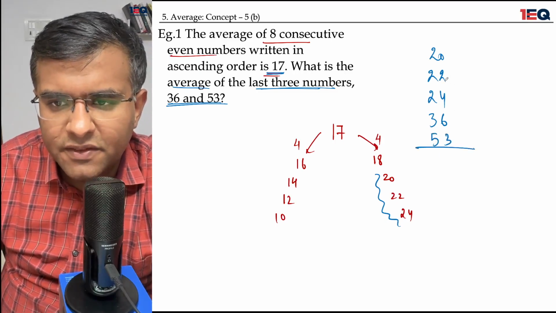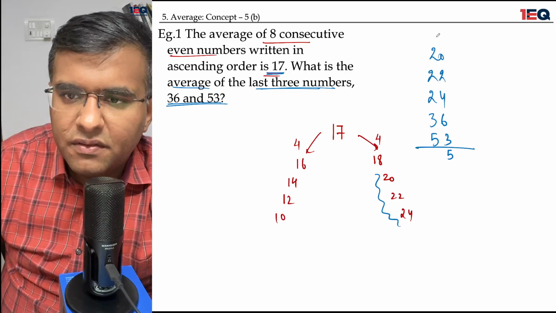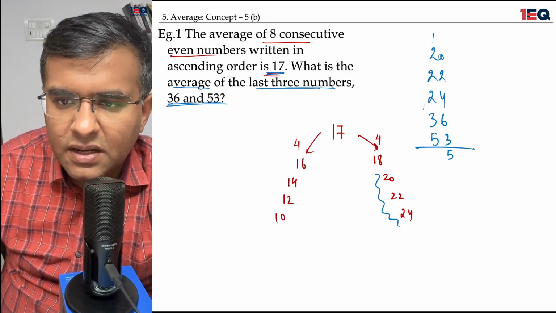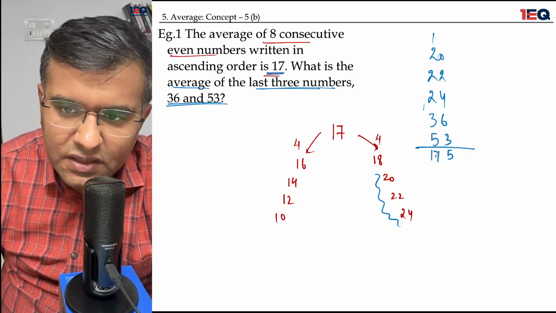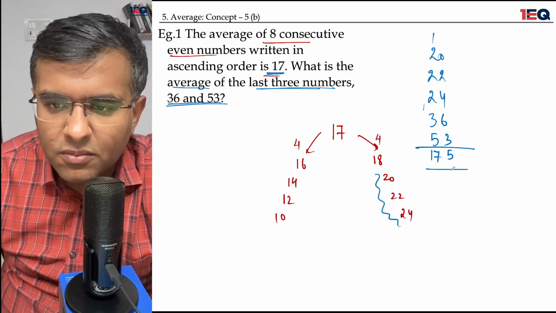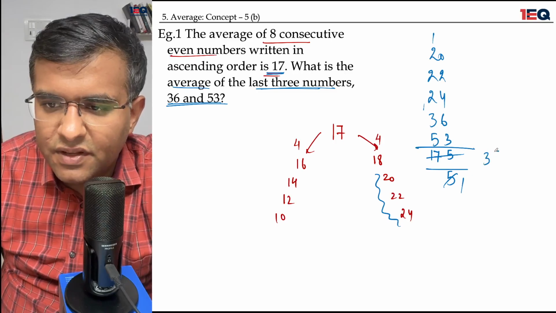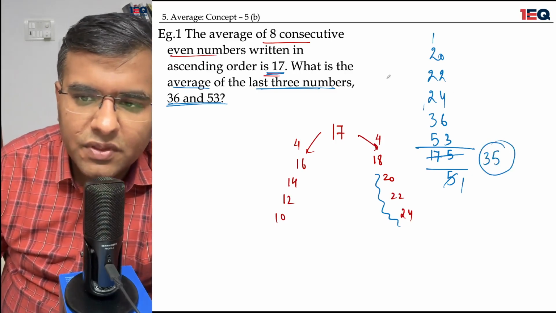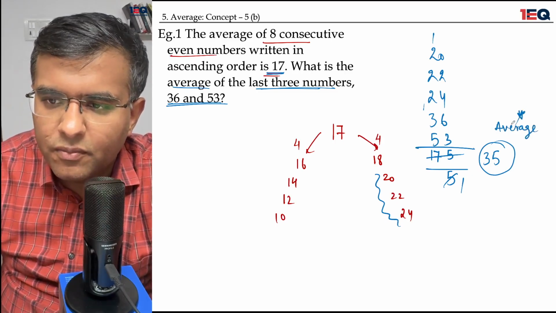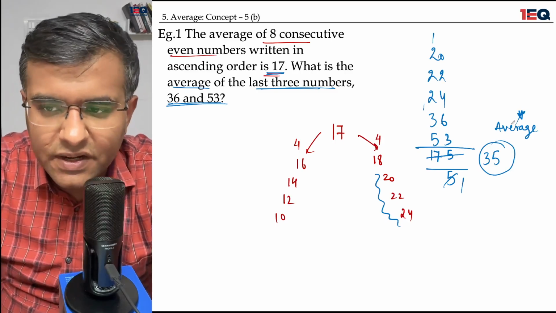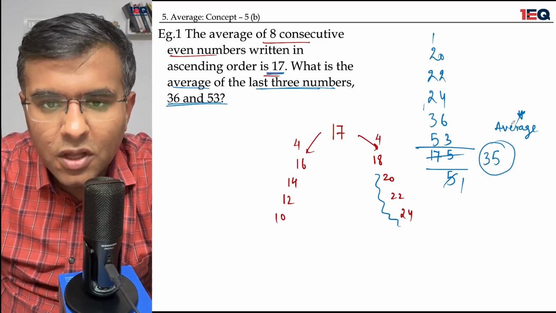I'll quickly sum them: 175. The total number of terms is 5, and 175 divided by 5 is 35. So 35 is the average that I'm looking at. I hope that is clear. Moving on.